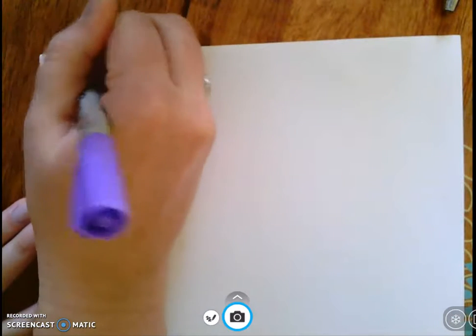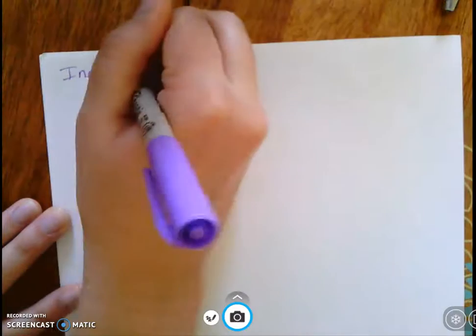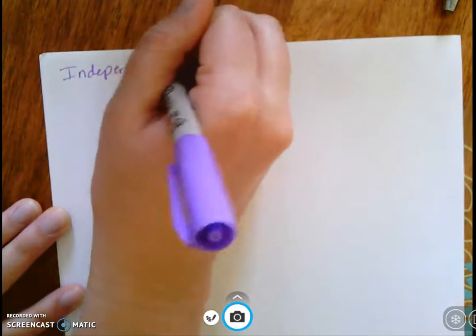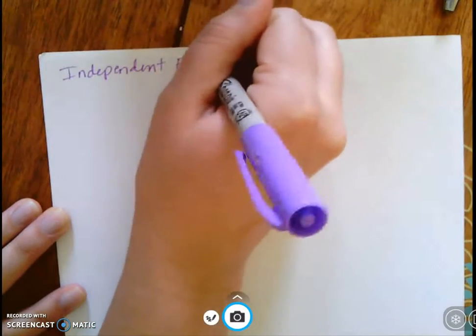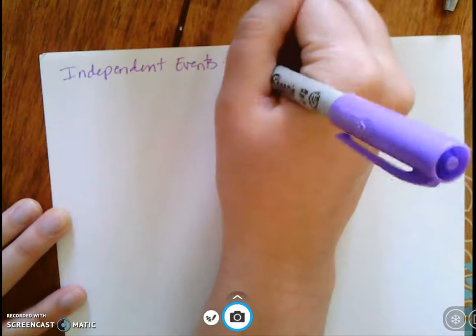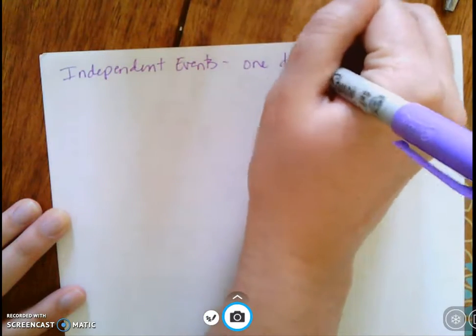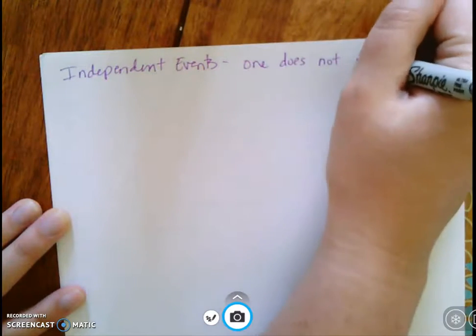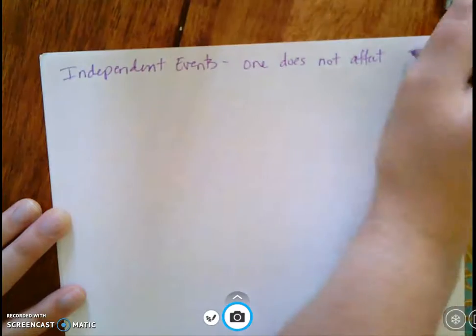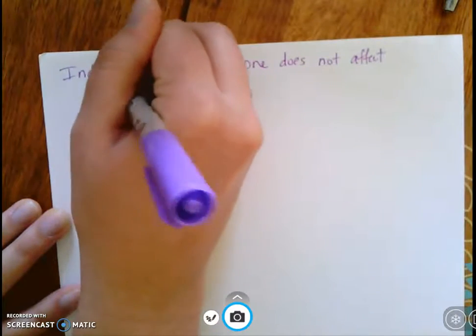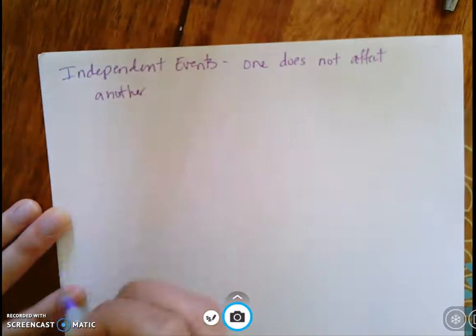So remember, independent events is when one does not affect another. There is a formula for this.